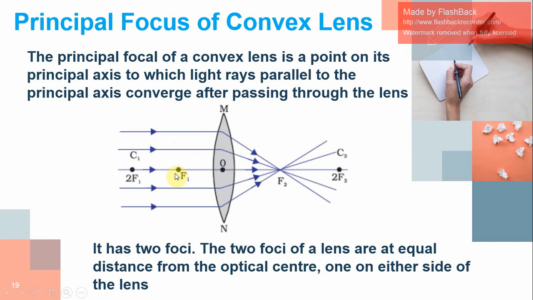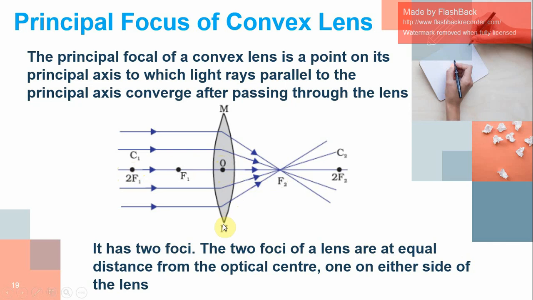Here the convex lens has two focus points, F1 and F2. The two foci of a lens are at equal distance from the optical center. Here O is the optical center. The distance between O and F2 is equal to that between O and F1. And 2F1, as already discussed for the convex and concave mirror, is equivalent to the radius of curvature.